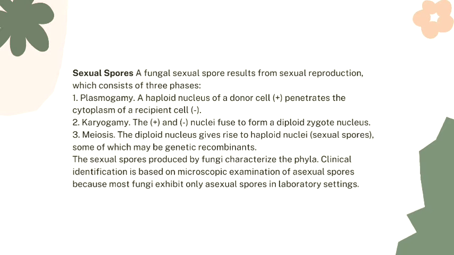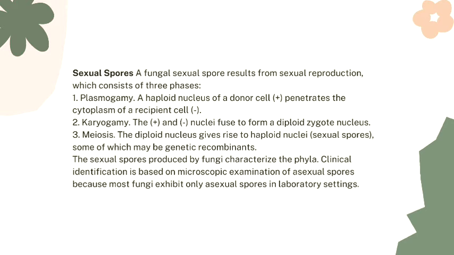Sexual spores result from sexual reproduction, which consists of three phases. First is plasmogamy, in which a haploid nucleus of a donor cell, positive, penetrates the cytoplasm of a recipient cell, negative. Next is karyogamy, in which the positive and negative nuclei fuse to form a diploid zygote nucleus. Third is meiosis.